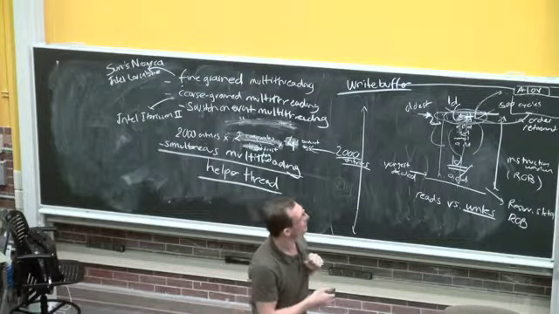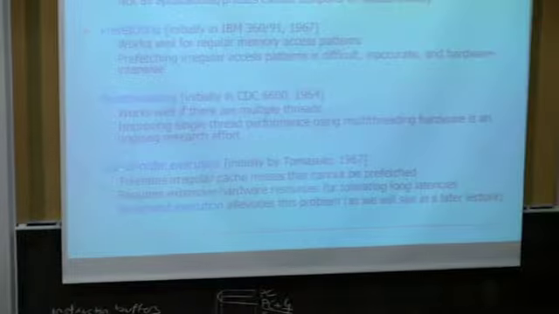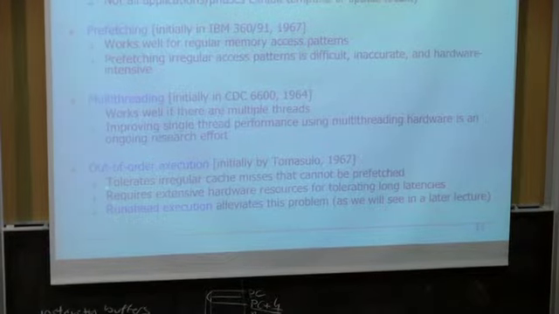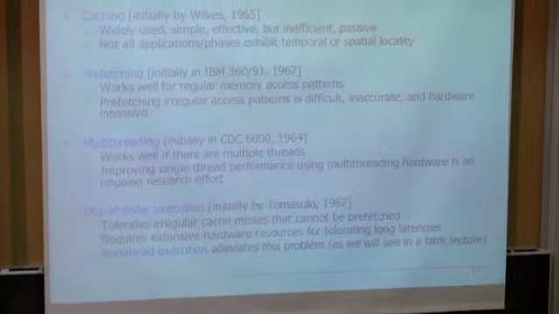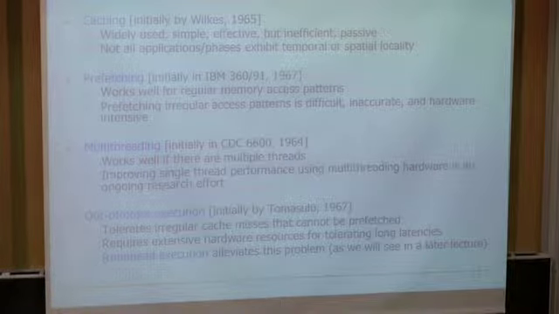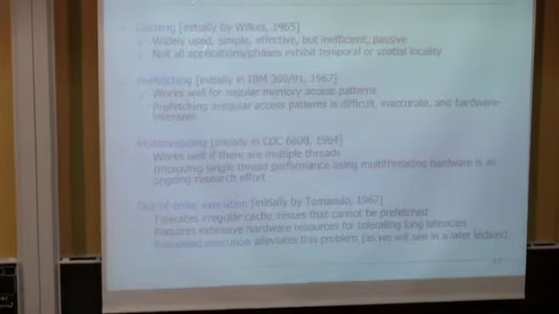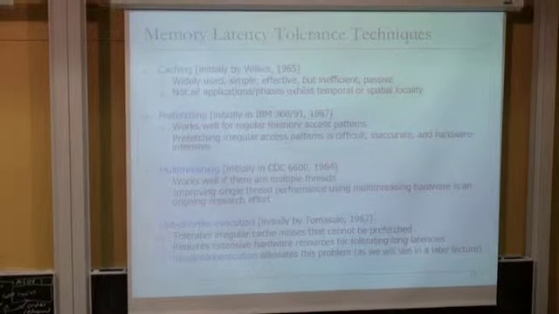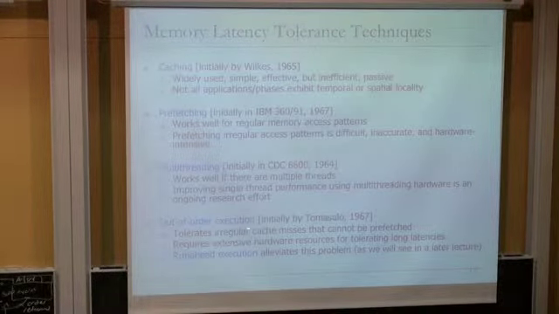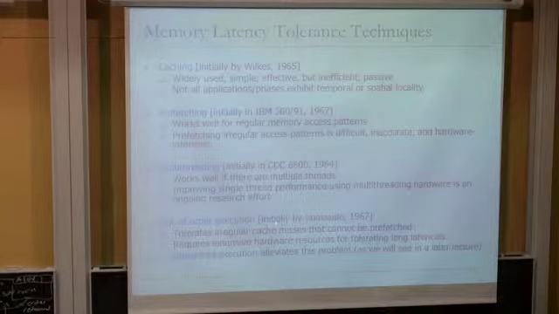Okay. Finally, we've just talked about out-of-order execution. Out-of-order execution tolerates the irregular cache misses. That's the main benefit, right? Irregular cache misses are hard to prefetch, and caching, by definition, it's a cache miss, right? Caching couldn't handle them.